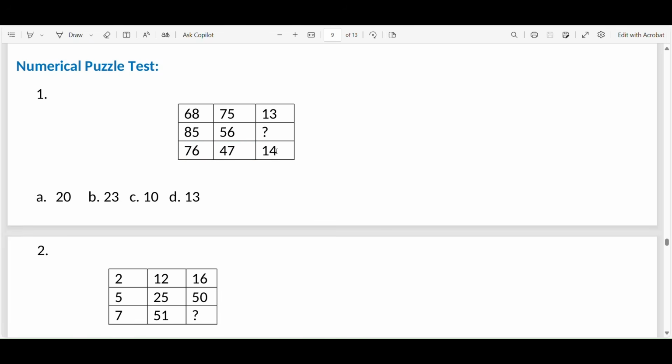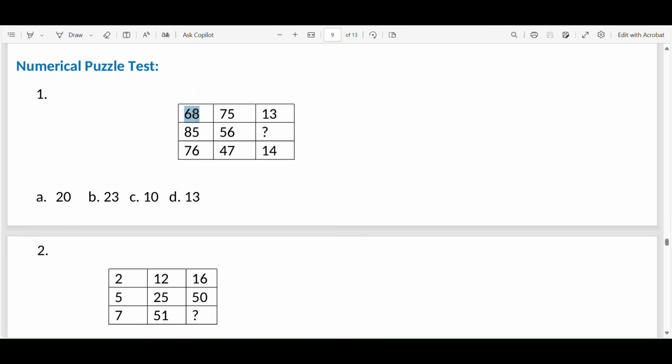It is not the same, so this is not the pattern being followed. You need to check another possibility.